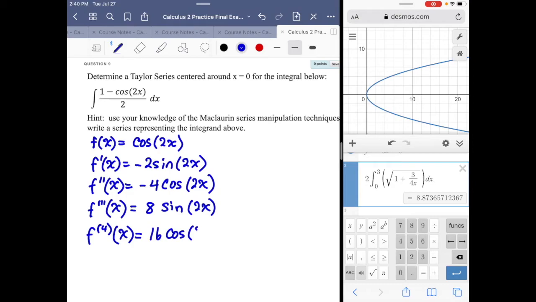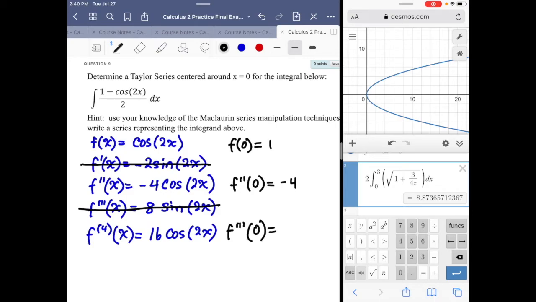And then the fourth derivative, 16 cosine 2x. Now, when we evaluate at x equal to 0, we know that all the signs are going to get wiped out. So f of 0 is just equal to 1. f double prime of 0 is equal to negative 4. f fourth prime of 0 is equal to positive 16.